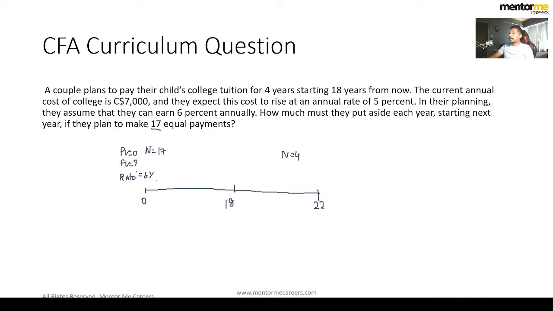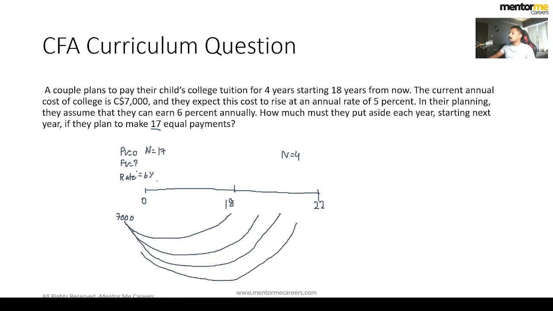That's the cost of education today. So we need to find out what is going to be the cost on 18th, on 19th, on 20th and 21, because 4 payments.